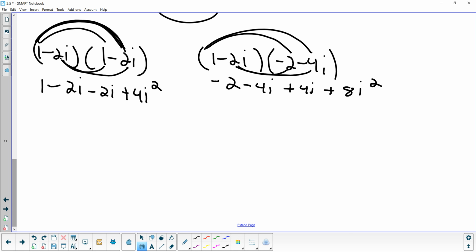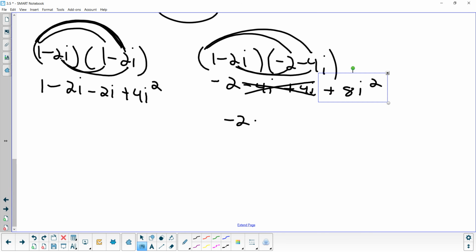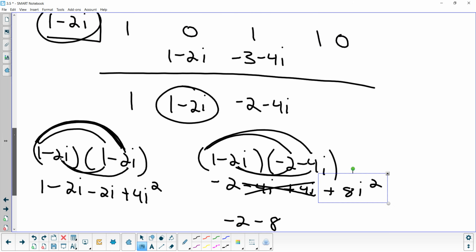What's going to happen when I combine like terms there, Bailey? Negative 4i and positive 4i cancel. Yep, those are gone. And remember, i squared is negative 1. Negative 1 times 8, Ashley? Negative 8. And Francesca, what's negative 2 minus 8?